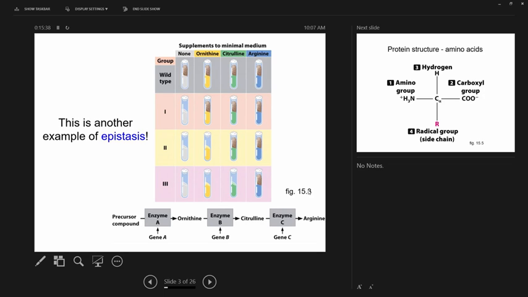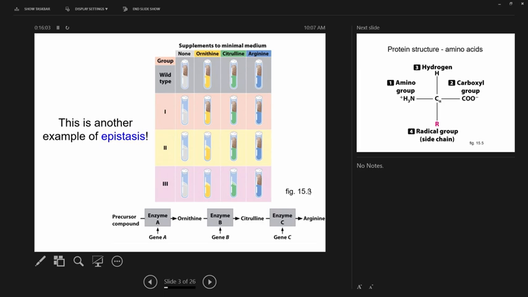In mutant number 2, if it wasn't supplemented, you would just get a bunch of ornithine piling up, and it would never get converted on into arginine. So that enzyme would still work. It's just not able to go all the way and produce arginine.